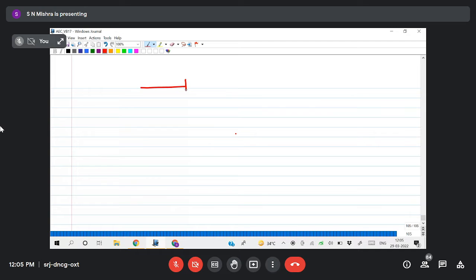See what I have given. You take 2 volt here, then a diode in reverse direction, resistor, then here the output voltage.